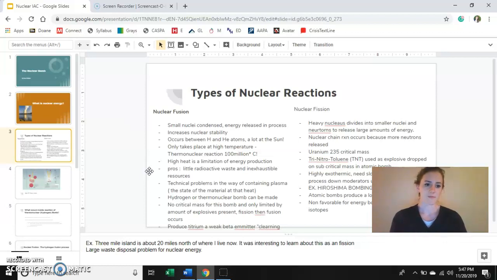These types of bombs produce a lot of radioactive nuclear waste, which is why they're really harmful to society. The half-lives of some of the chemicals used in these bombs have long-lasting effects on the area that they impact and the people. And this, in general, is therefore not favorable for energy because of the long half-lives of the isotopes.